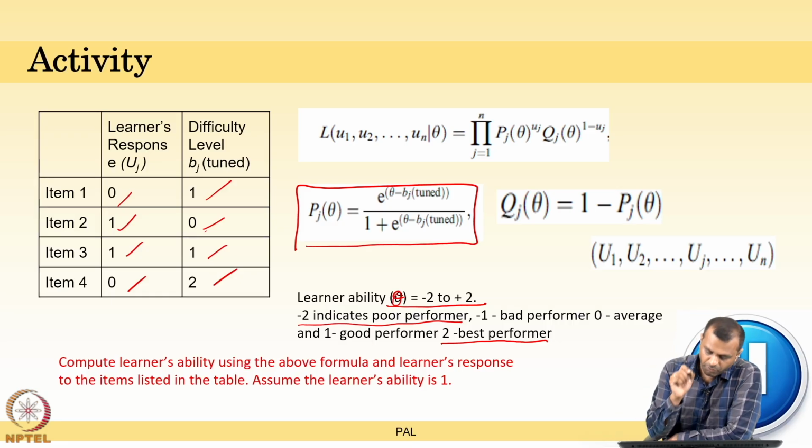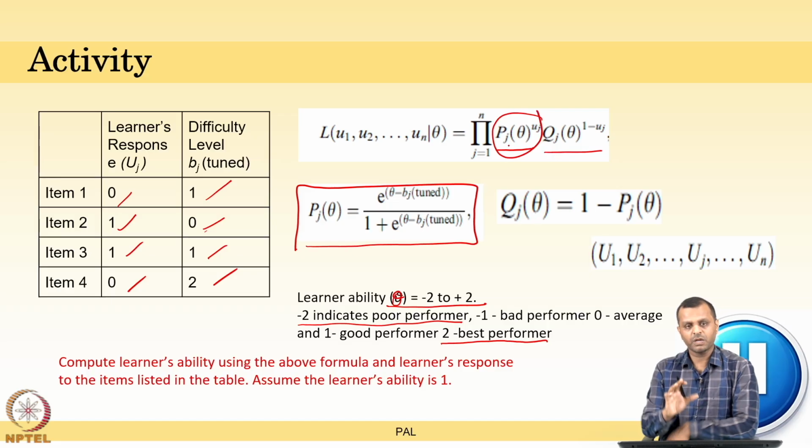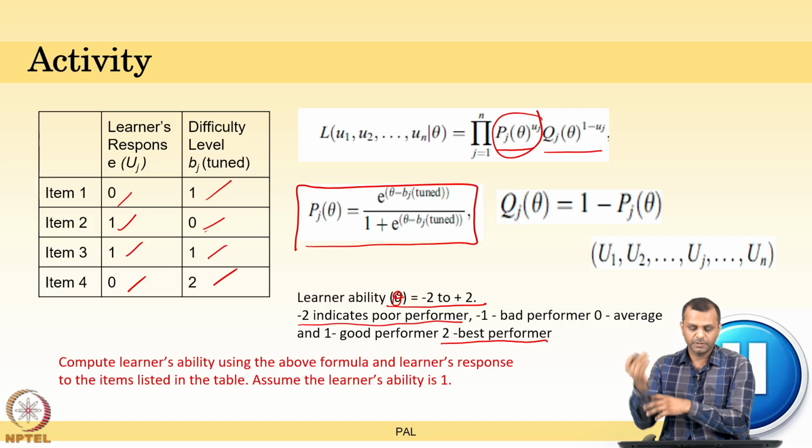So in likelihood probability, we want the probability that the learner is able to answer a particular question correctly, plus Q, the inverse probability that the student is not able to do it. It's very simple that way. We want the product, over each item, of the probability that the learner will say yes for this particular topic, and we need to measure it.